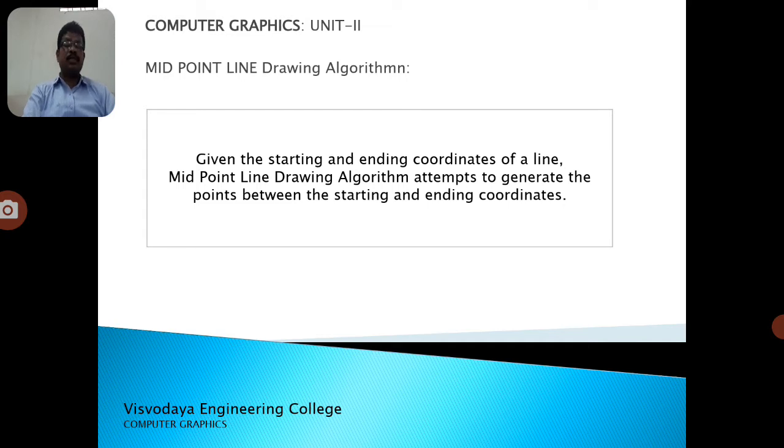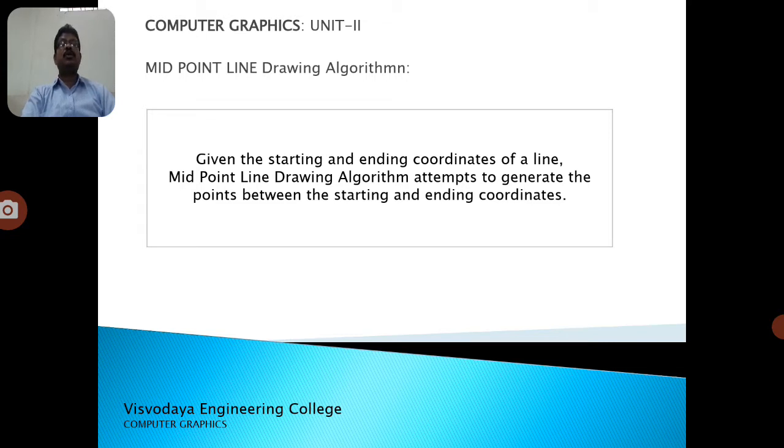Here the midpoint algorithm also takes two criteria. The first one is that it starts the line drawing algorithm given the starting and ending coordinates, and the second one is that it also finds the number of intermediate coordinates in between the starting and ending coordinates.